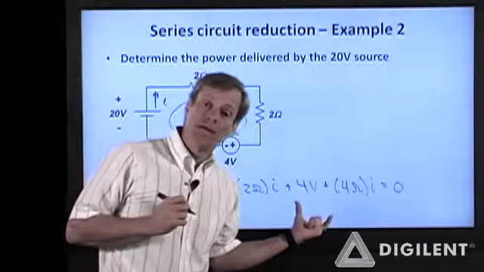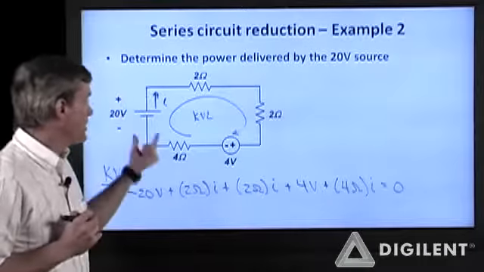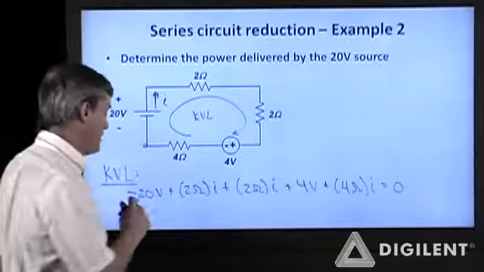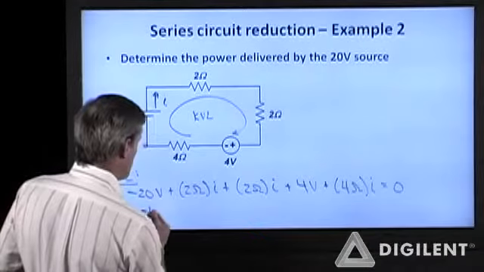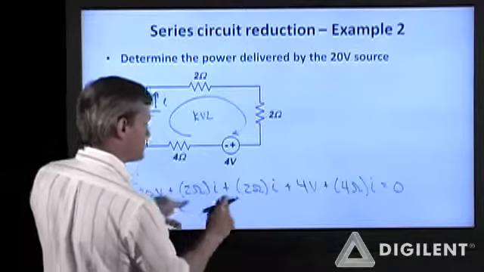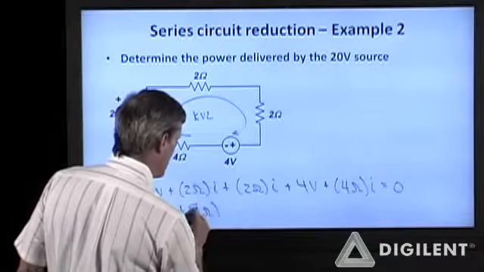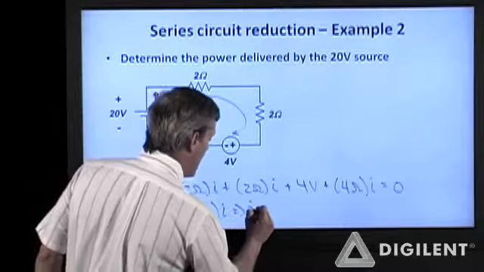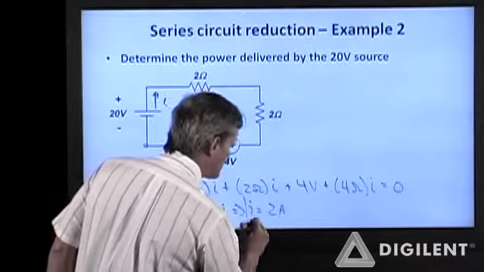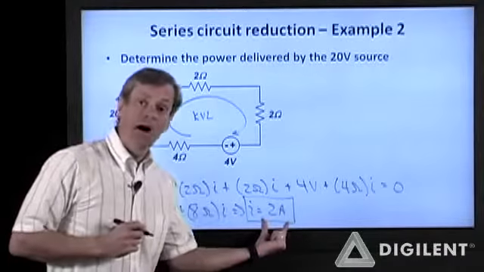Now I've managed to write one equation in one unknown. It's what I want to determine. Minus 20 plus 4 is minus 16 volts, plus 2 and 2 is 4, plus 4 is 8 ohms times I, so I is equal to 2 amps. I got a positive current.